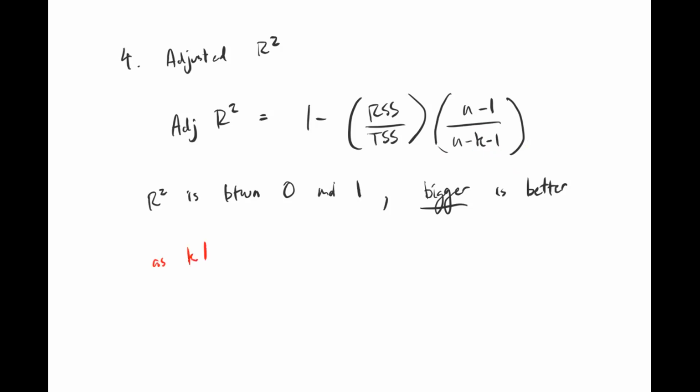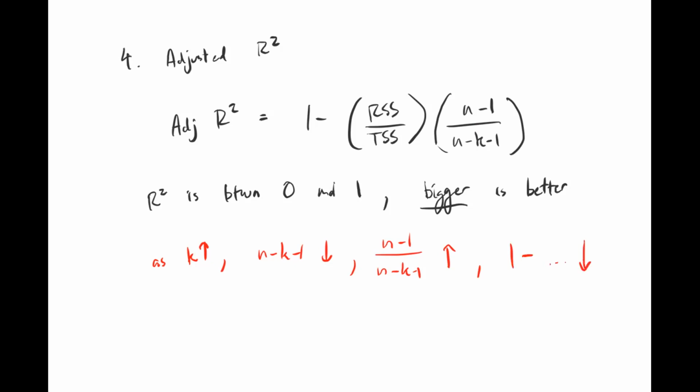As k goes up, n minus k minus 1 goes down, which means n minus 1 over n minus k minus 1 goes up, right? Because you're dividing by a smaller number, which means that 1 minus that whole term will go down.